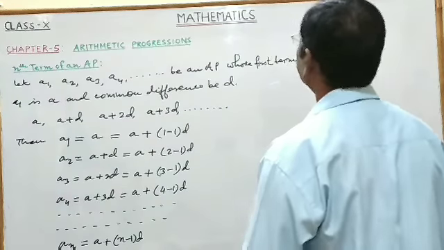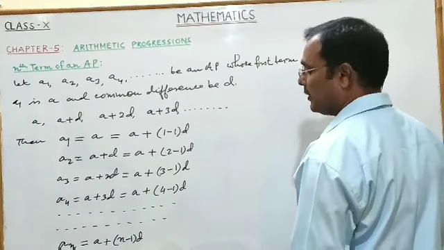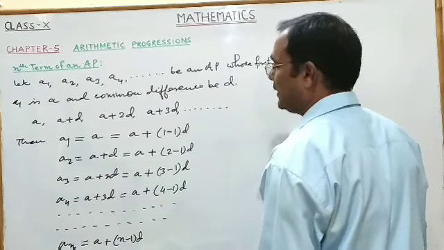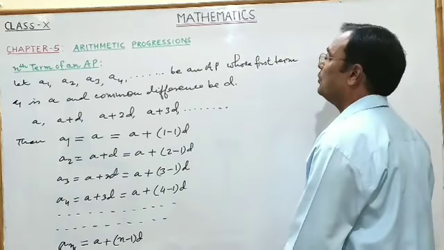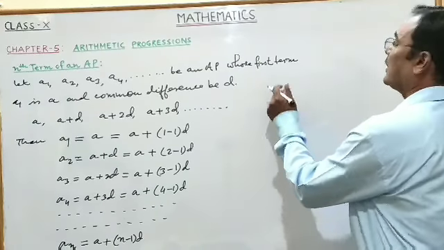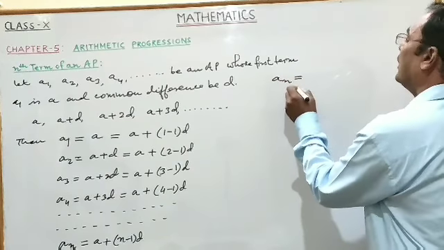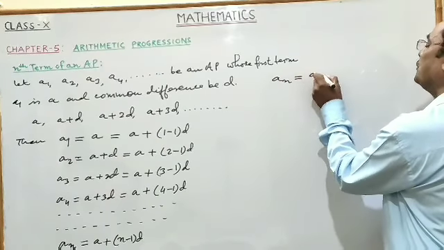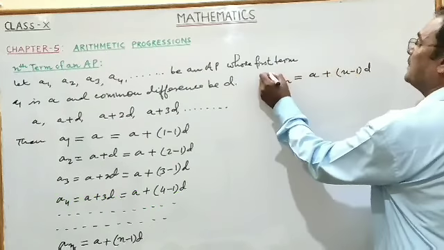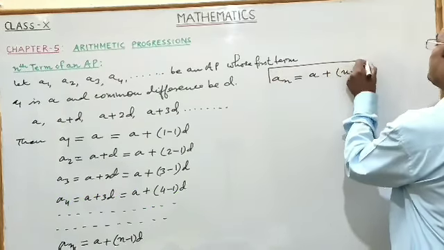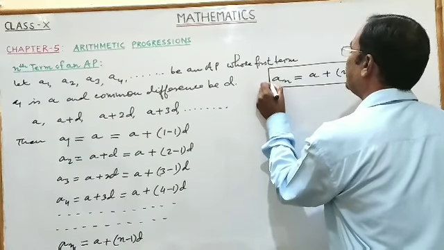This term An is also called general term of the arithmetic progression whose first term is A, common difference is D. So An denotes the nth term of an arithmetic progression whose first term is A and common difference is D. This An is also called general term of the arithmetic progression.